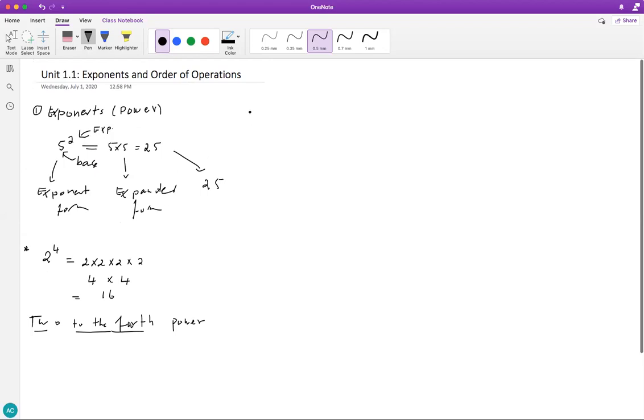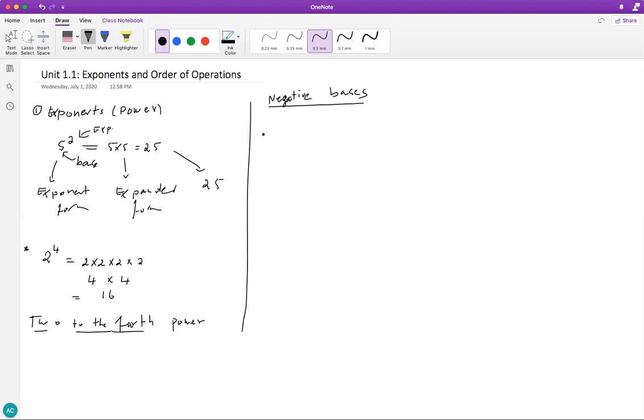Now, sometimes you may have some negative bases. I'm not going to talk about negative exponents today, that's for another time. So this number here, 5, is positive, 2 is positive.